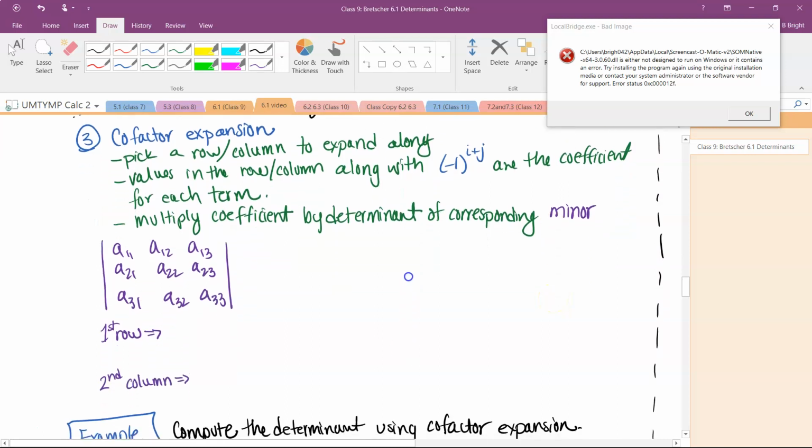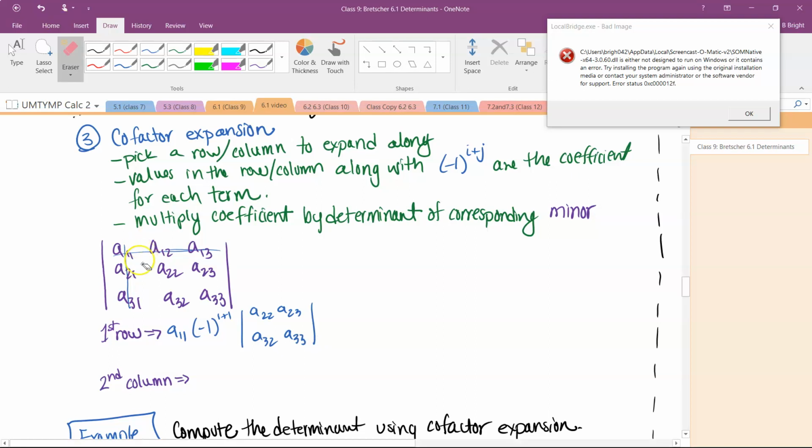So, for example, if we expand along the first row, we'd have a11 times (-1) to the 1 plus 1, and then the minor matrix would eliminate the first row and first column, so we'd be looking at the determinant of a22, a23, a32, a33.